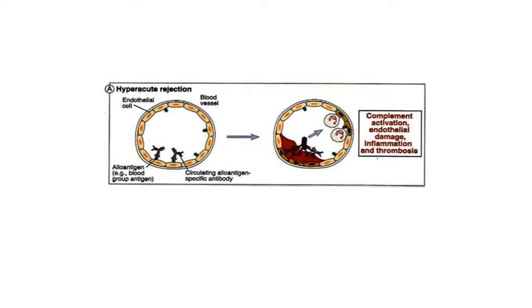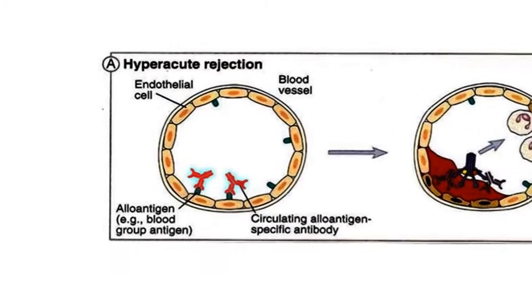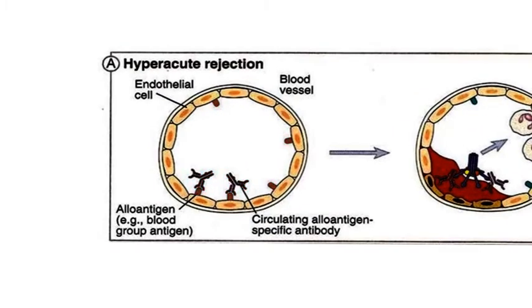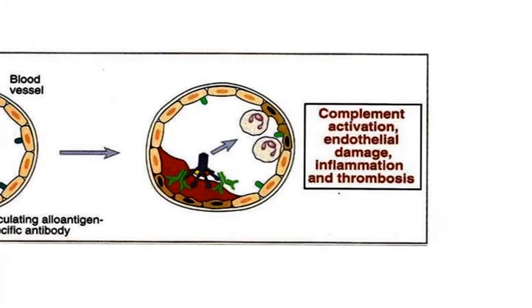It is mainly due to pre-existing antibodies against the graft antigens present in the recipient system. The formation of the antigen-antibody complex causes complement activation. The complement split products cause influx of a large number of neutrophils in the graft region and thus destruction of the graft by inflammatory reactions.